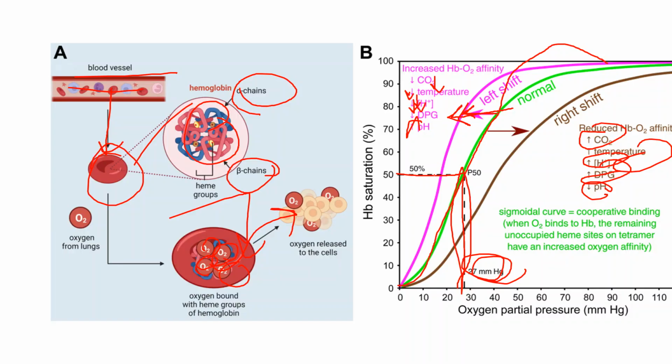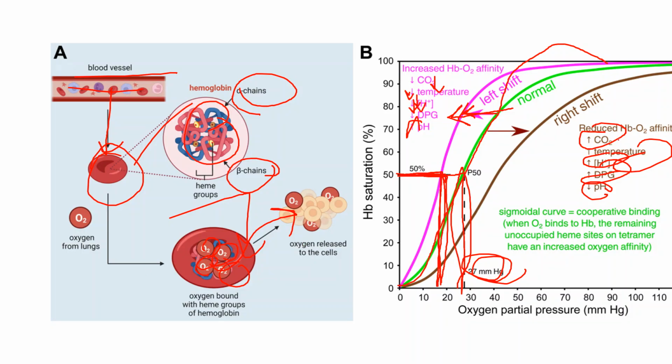Here we can see that 50% now binds at around 15 mmHg pressure. Here there is more binding of oxygen, so more affinity of oxygen to the heme group.